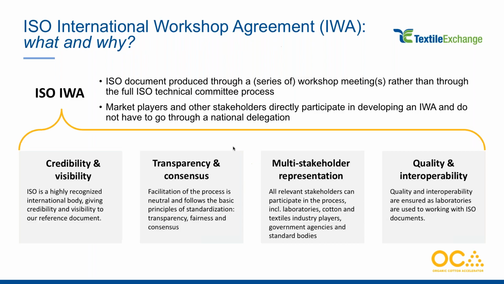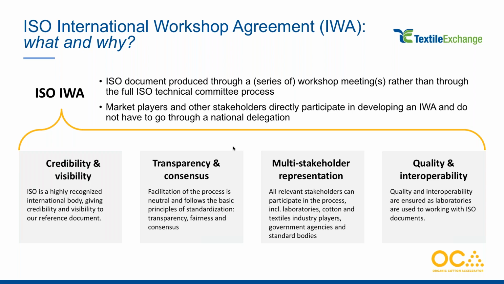Now, the ISO was the way to go for many reasons, and one obviously is the credibility that ISO has as an international standardization body. Also, of course, giving a lot of visibility to this protocol. They set out the entire development process, which gives both transparency and ensuring that these key principles of standardization were applied.